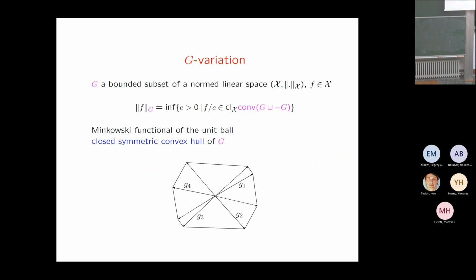Or, on the other hand, you can also look at how much you have to shrink the function so that it fits into the unit ball. This is just the Minkowski functional of a convex body.